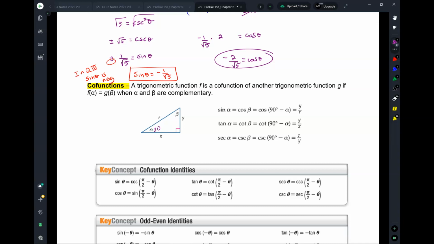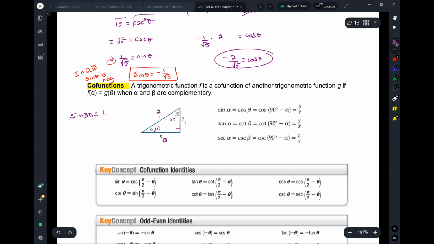It's 90 minus this angle, right? So that's 60, right? So suppose you do have a 30, 60, 90 triangle. Do you remember how, in the unscaled one, it was 1, root 3, and 2? You remember that? Okay.